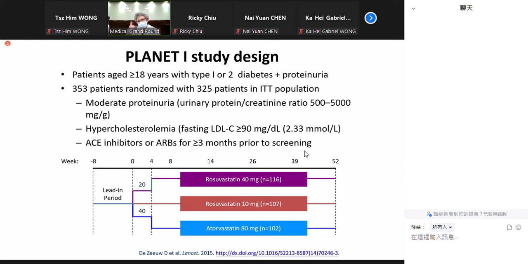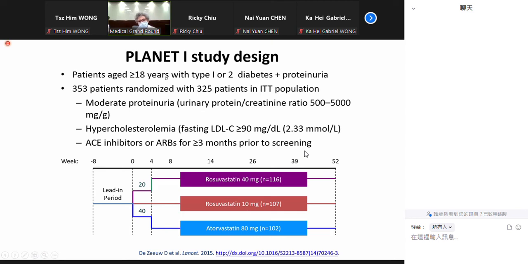And so in this study, because rosuvastatin was the third drug that comes in, and they needed to find new indications, they wanted to ask the question whether rosuvastatin would protect the kidney function. They had to test it against atorvastatin, because that had been reported. They used a low dose and a high dose.